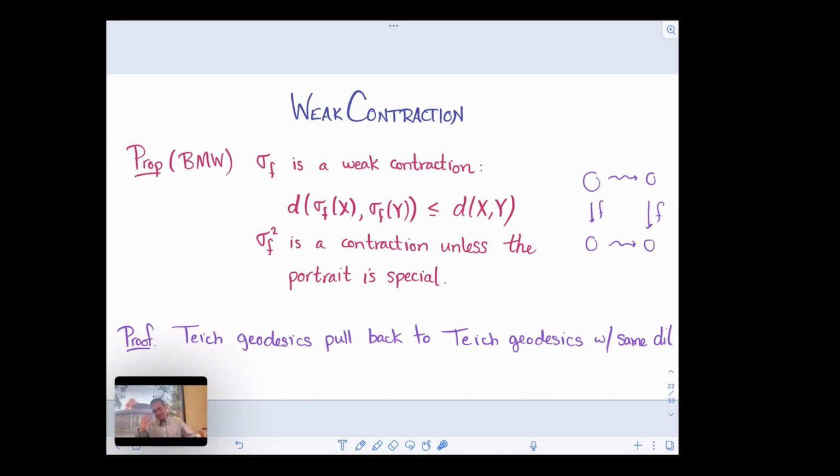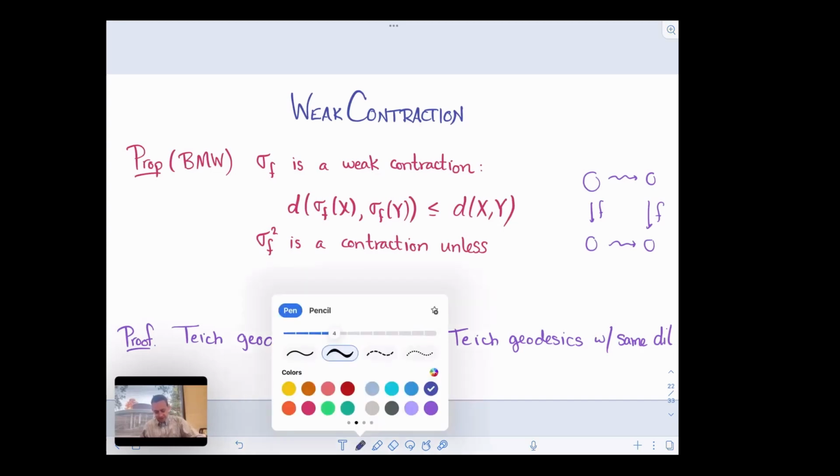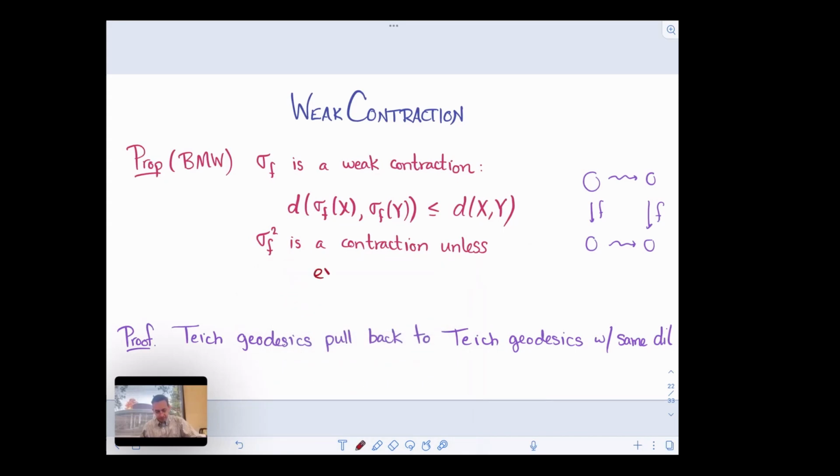It's not that different from this, but this proposition says that when you do the pullback map, distances can't get farther. And in fact, when you do the square of the pullback map, points get closer together. And I changed terminology and I forgot to change the slide. So, unless exceptional map. Is this the right color? Close enough.